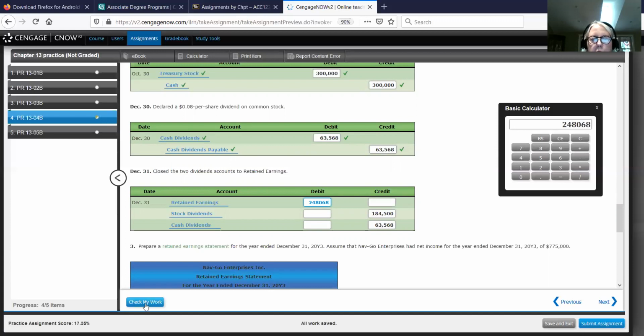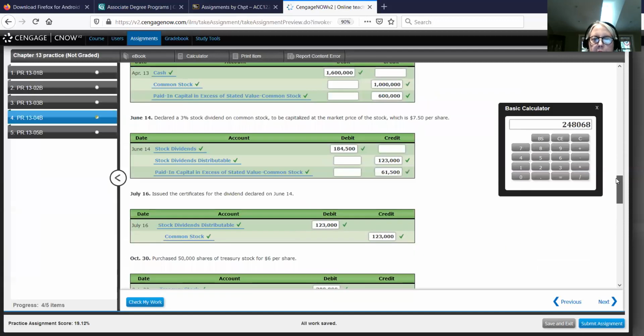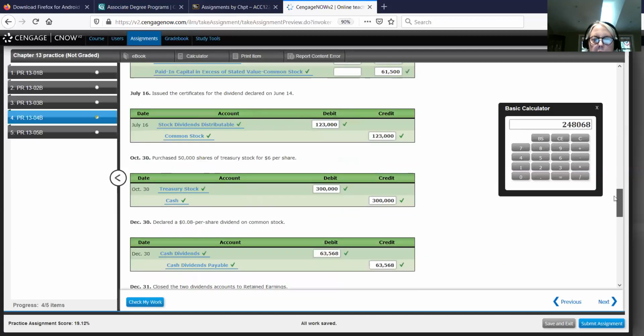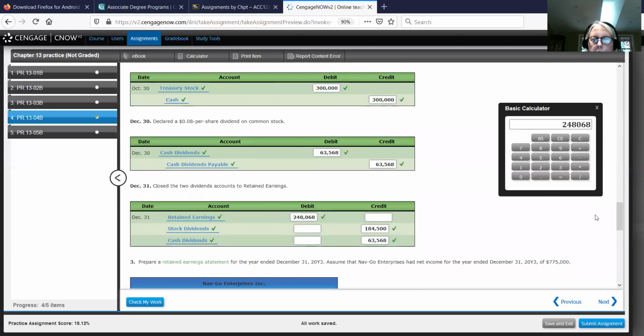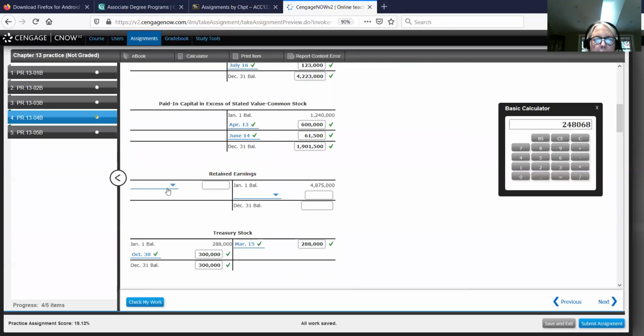I'm going to check my work just to make sure my math is correct here. And that amount would be debited to the retained earnings account. So my retained earnings would be debited on December 31st for $248,068.